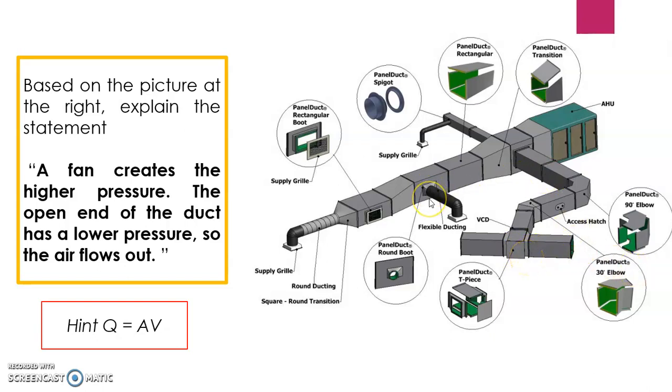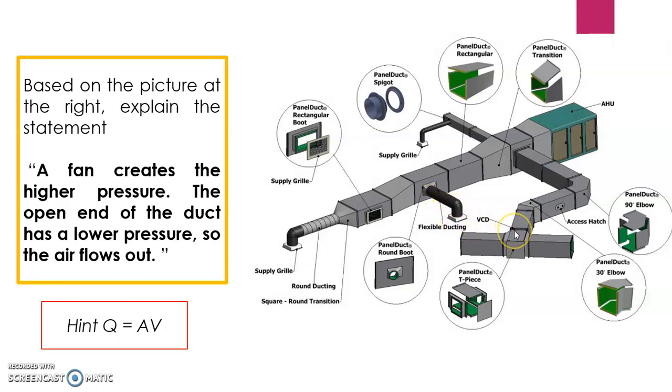And then we also have the round boot. If we are using the main duct in rectangular size and want to attach the flexible ducting directly to the main duct, we will use the round boot, and then this is the flexible ducting.